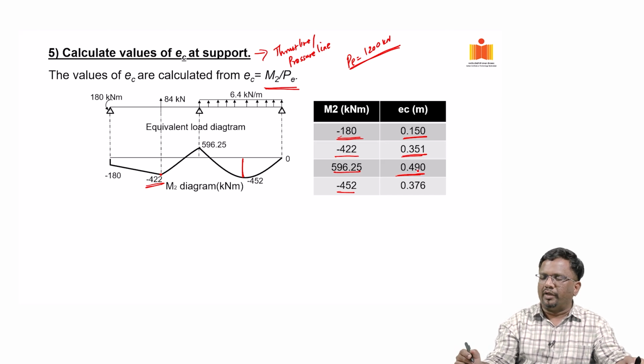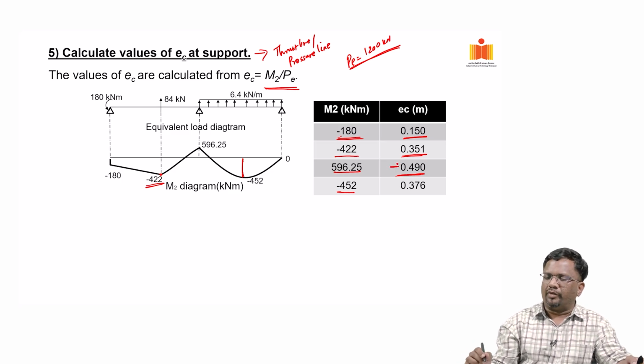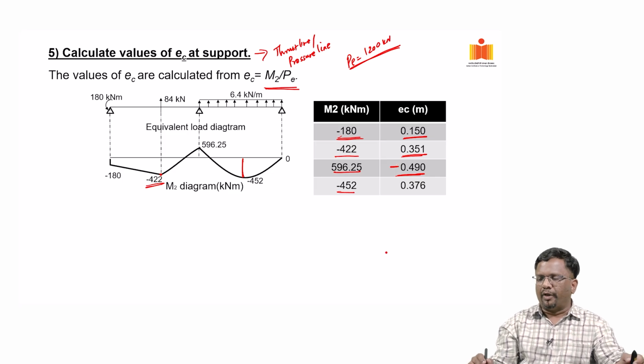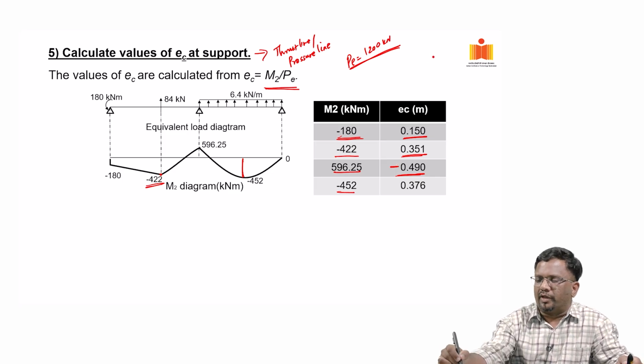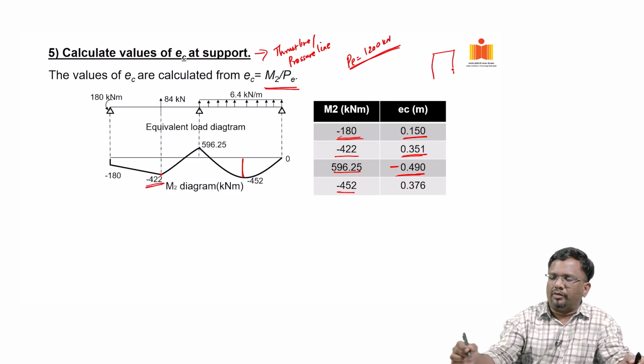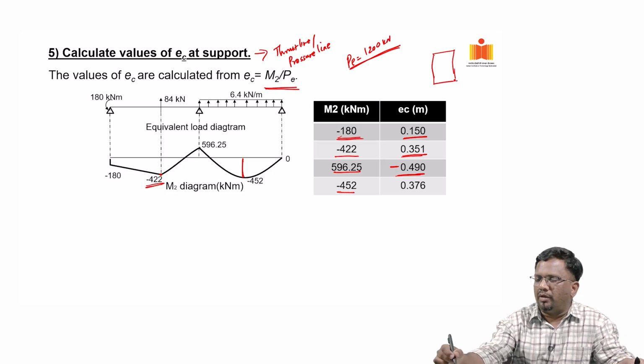This will be negative, because everything has to be divided by, let us say, negative 1200. Let us put it that way, because if the CGC is below this, we take that as positive, and if it is above CGC, we take that as negative.